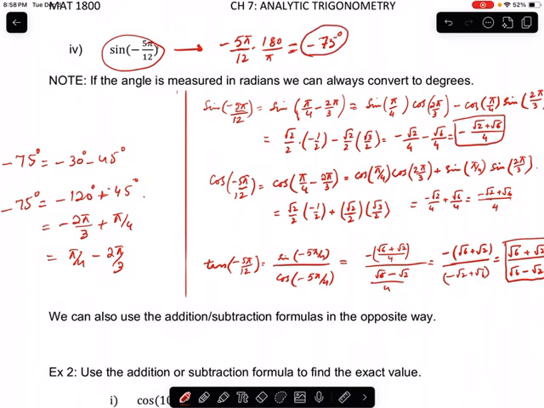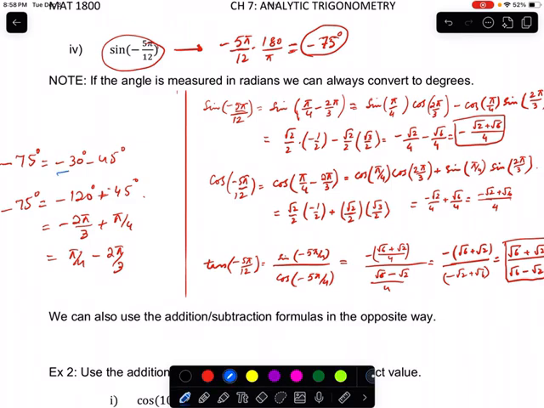Now I can think of 75 as 30 plus 45, so negative 75 can be written as negative 30 minus 45.